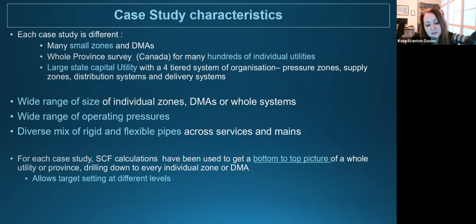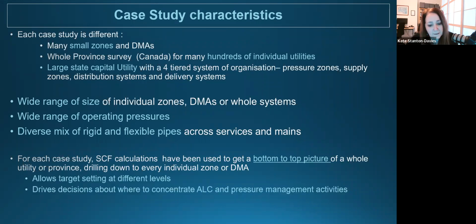This allows the utility to target set at different levels of the water network and helps with decision-making about where it's going to be most effective to concentrate active leakage control and pressure management activities. All of these case studies were performed in metric units, but the software works in either metric units or US units.